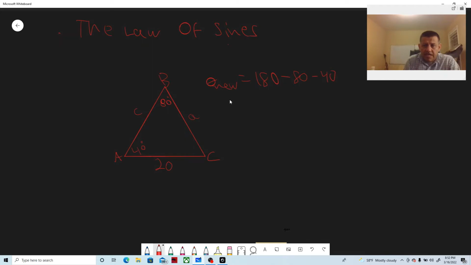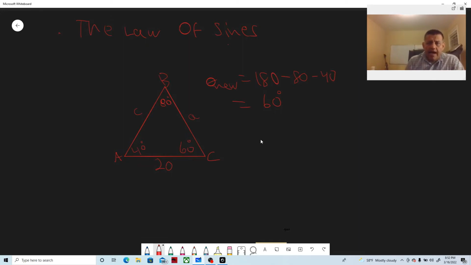Which in this case is equal to what? Is equal to 60, correct? So in this case, it's 60. So theta new is equal to 60. So right here, this angle is 60 degrees, right?